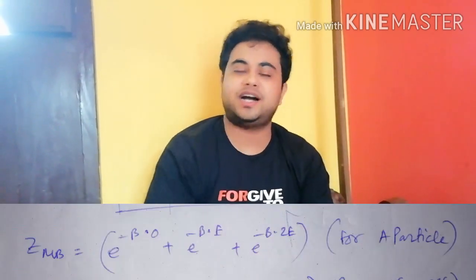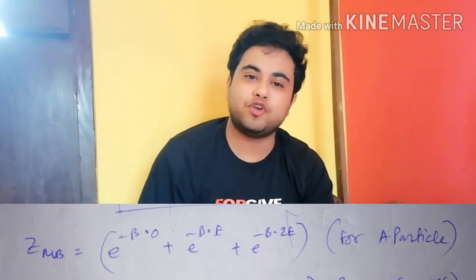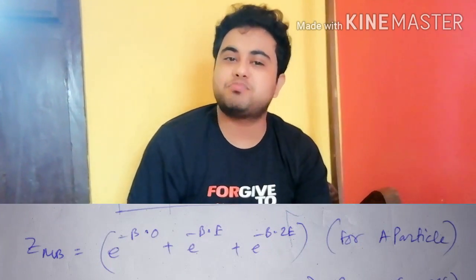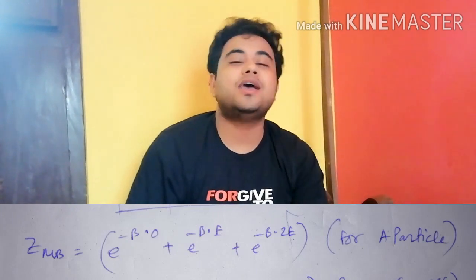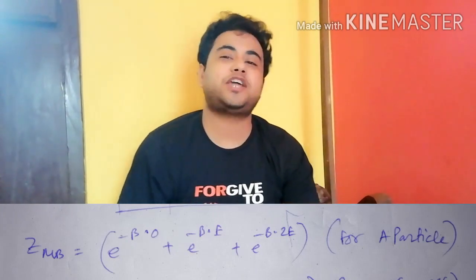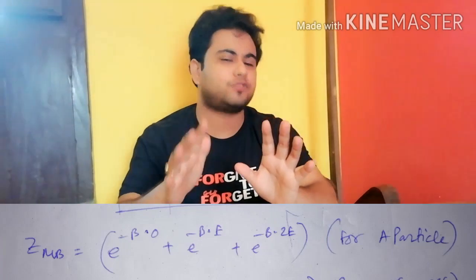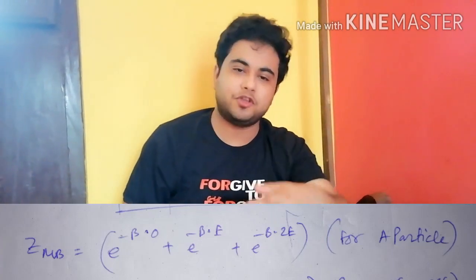Now nothing is left, just put it in the formula. It is the sum of gi into e to the power minus beta Ei. Because there is no degeneracy, gi will be just 1, and the partition function for particle A will be e to the power minus beta into 0, plus e to the power minus beta E, plus e to the power minus beta 2E. Similarly, the partition function for particle B will be the same.